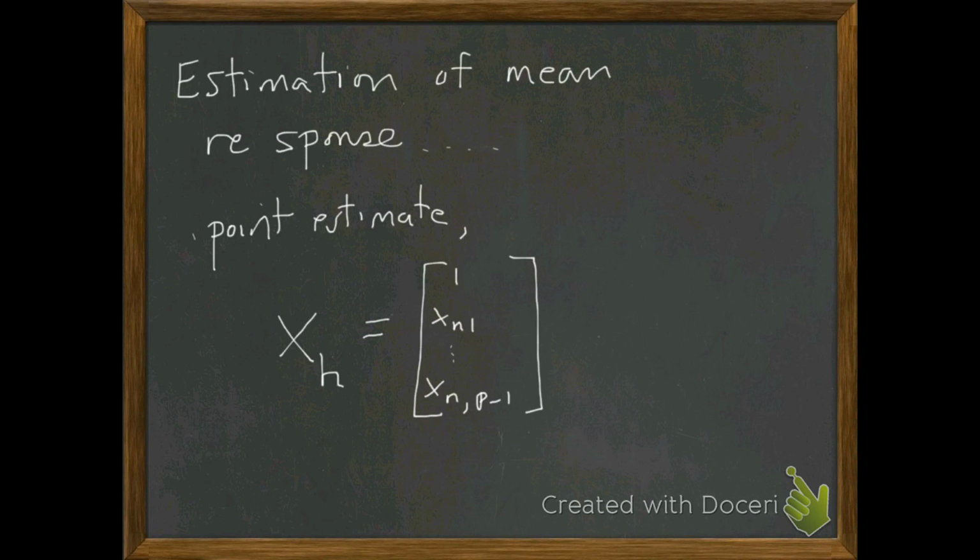So it follows that our expected value of this will be equal to X transpose h times b. We also need the variance.